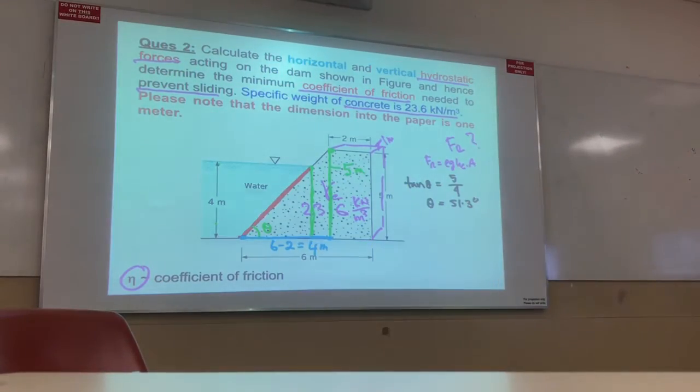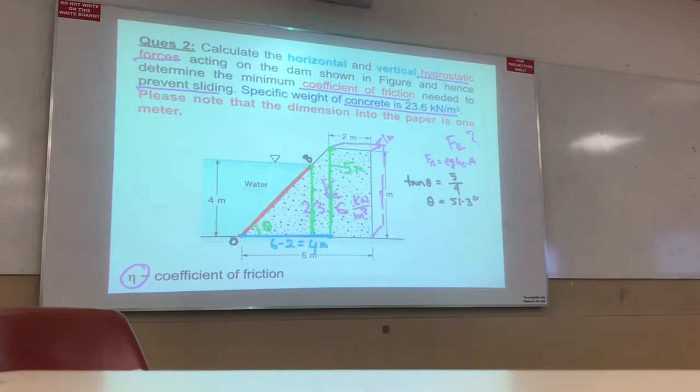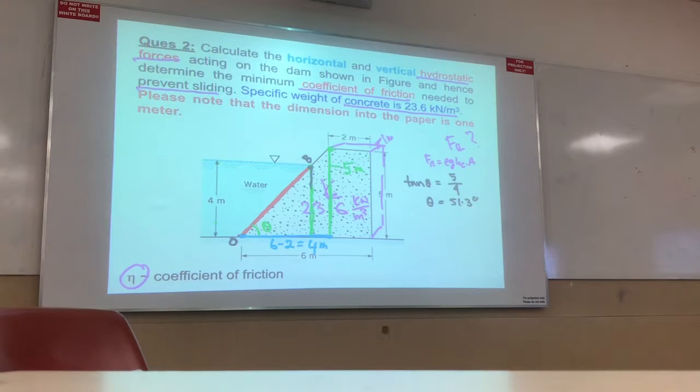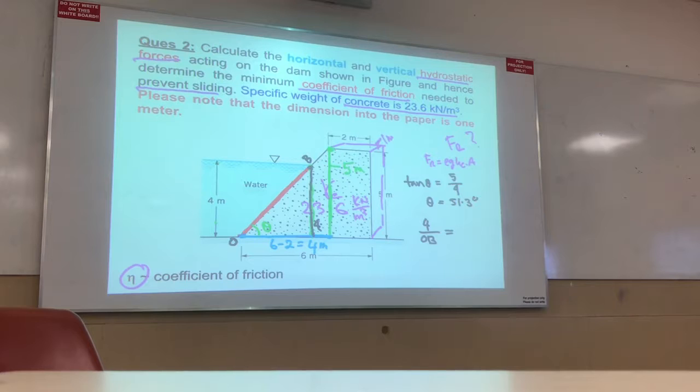So I can see the distance from here to here. I assume this is O, this is B. So I can write 4. The distance from here to here is 4, right? So 4 by OB is equivalent to sine 51.3 degree.